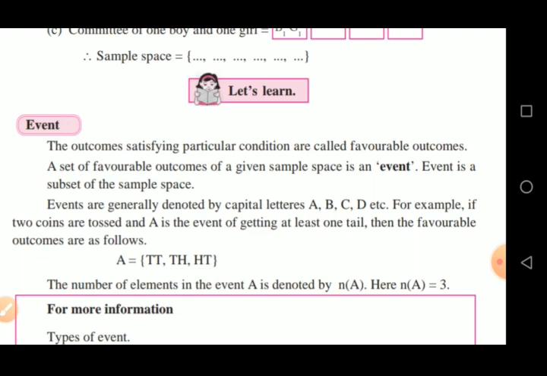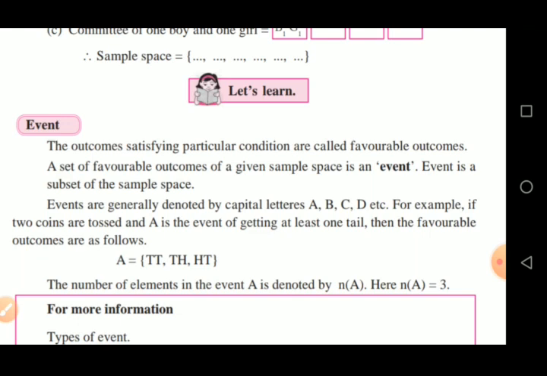Then the favorable outcomes are as follows. We know the sample space, and from that sample space, the outcomes which satisfy this condition, we have to collect them and write them down in a separate set. The condition is "at least", which means minimum.